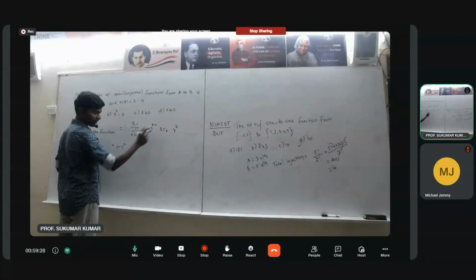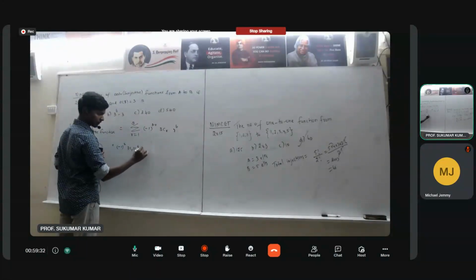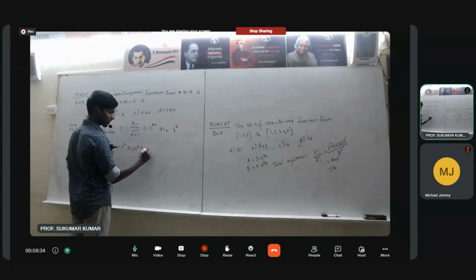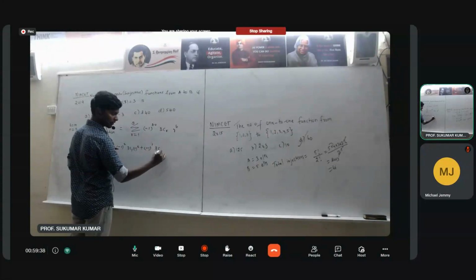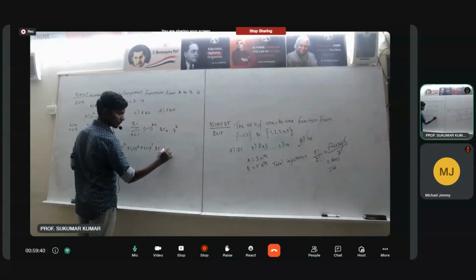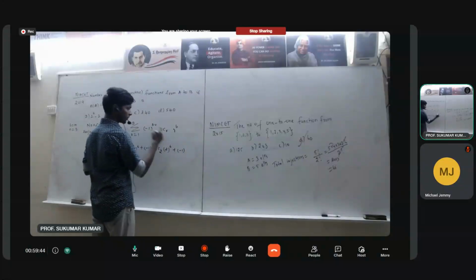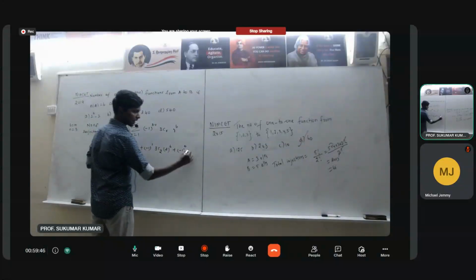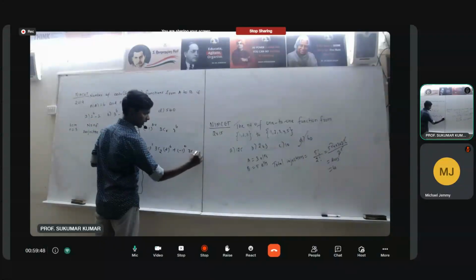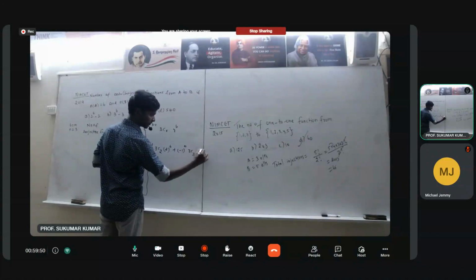Minus 1 to the power 3 minus 1, 3C1, 1 power 6. Plus second, R is equal to 2: minus 1 to the power 3 minus 2, which is 1, 3C2 and 2 power 6. Again minus 1 to the power 0, and 3C3 and 3 power 6.